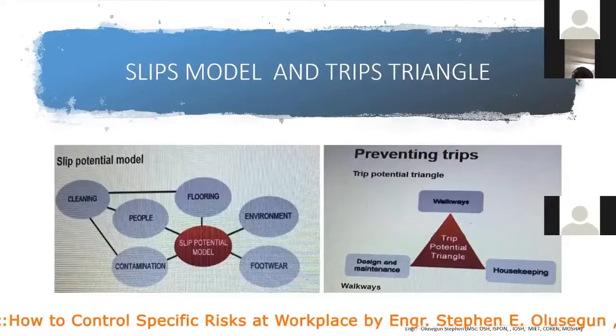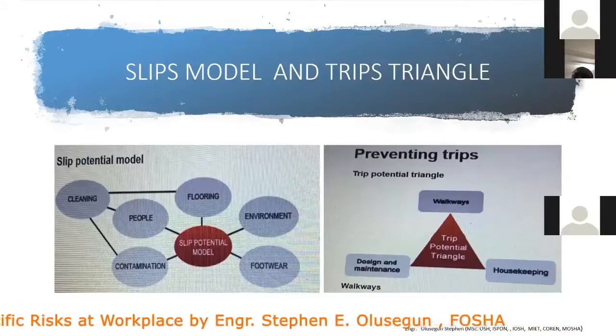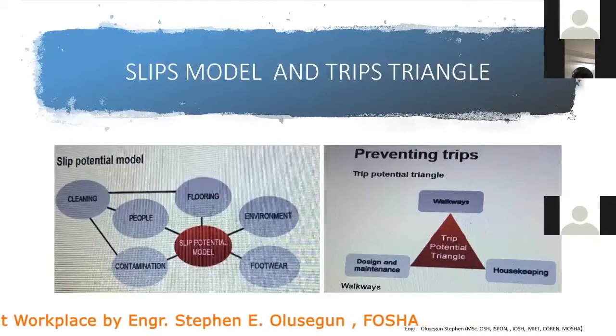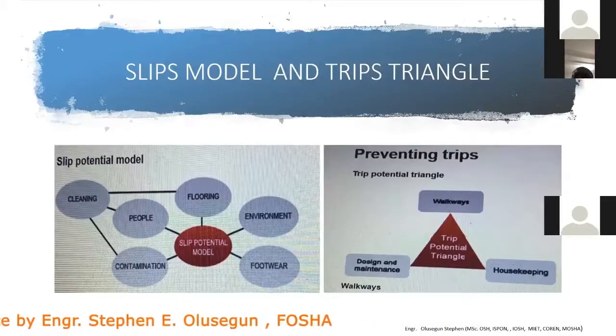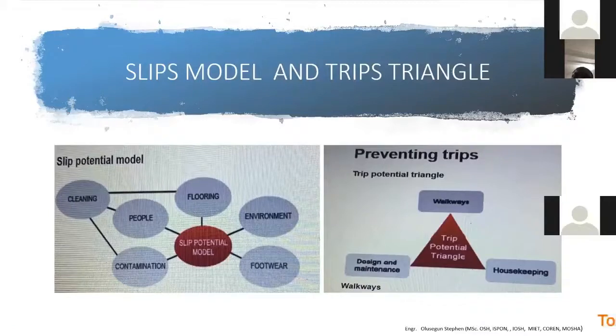So for slips, I put in place what I call the slips model and trips triangle. Now, when you want to control slips at the place of work, majorly, you have this model that can help you deal with almost all the slips that can take place in your place of work.